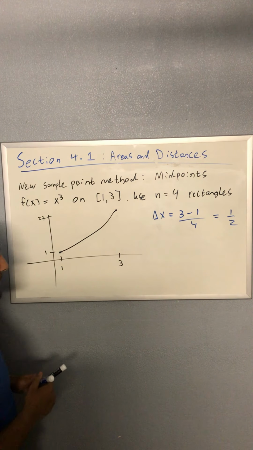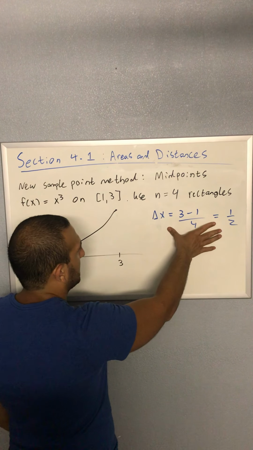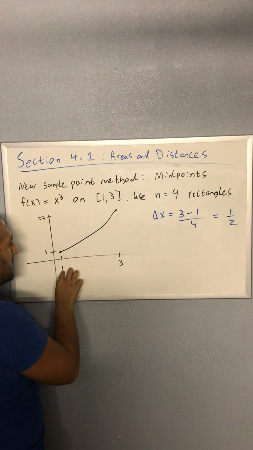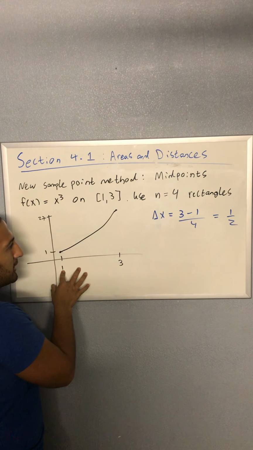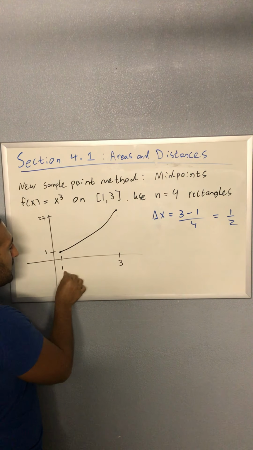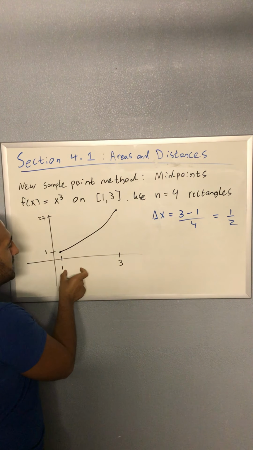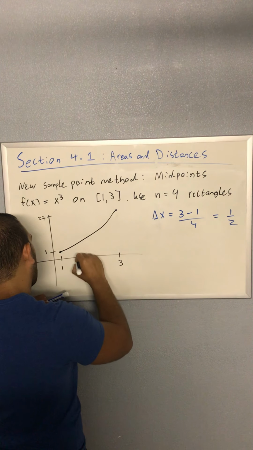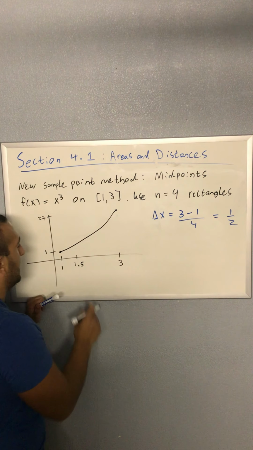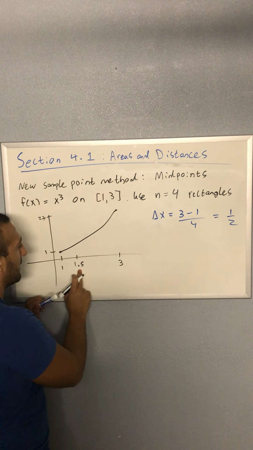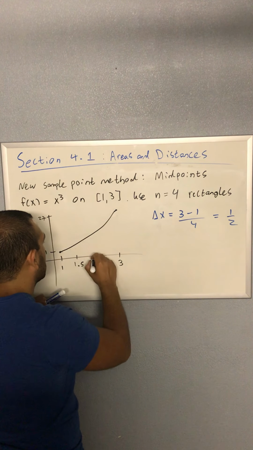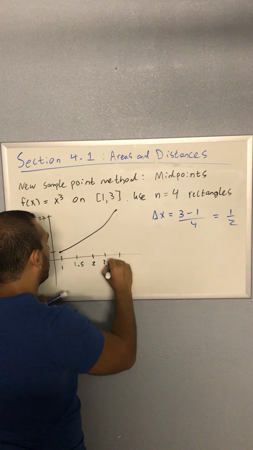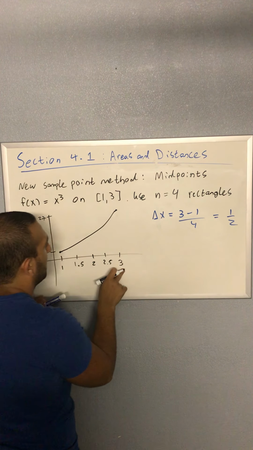That means each of these is a half. If I'm at 1 and I need an interval of length 1/2, I need to go a half unit to the right, correct? This will land me at 1.5. Then another half increment gets me to 2, then 2.5, and then from 2.5 to 3.